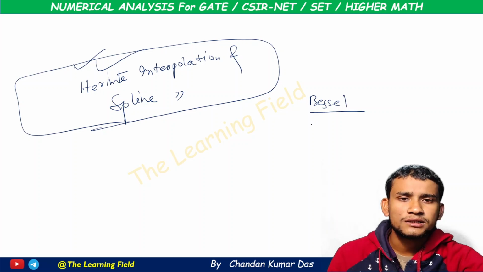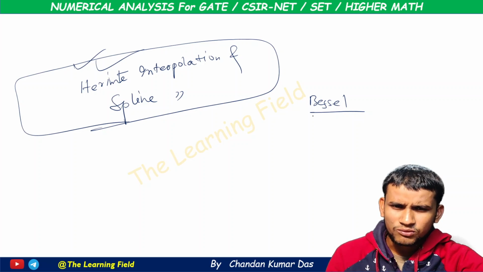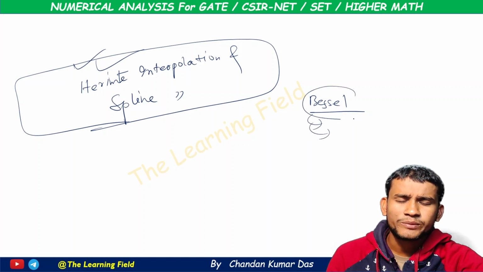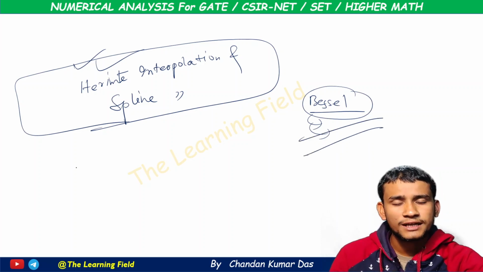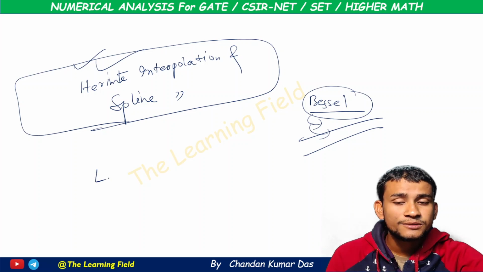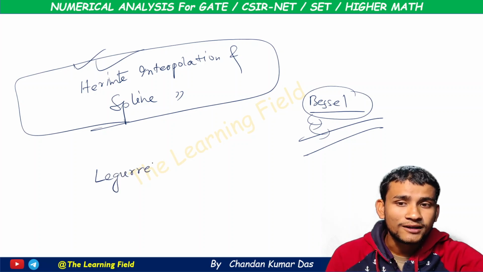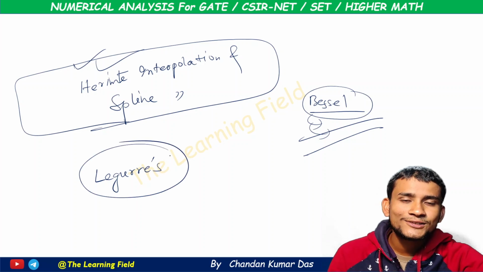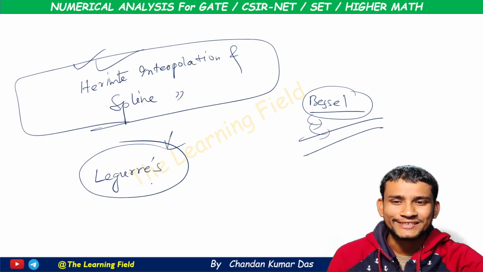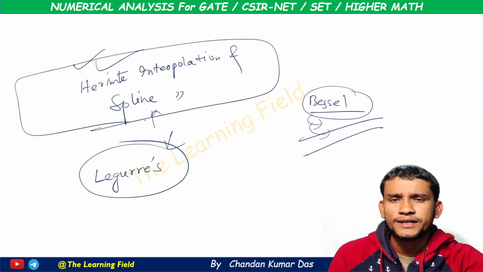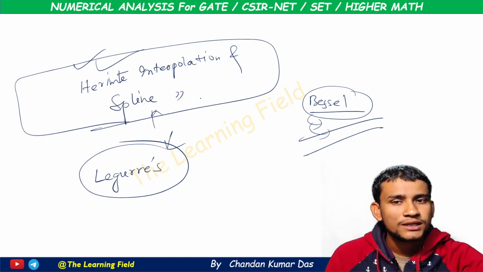There was a question in GATE 2020 based on Legendre polynomial, but Legendre polynomial is not mentioned in the syllabus. So it happened in the GATE exam. Based on this the questions come. These interpolations are also very important in any other exam, so that's why we will read these two interpolations: one is Hermite interpolation and the second is spline interpolation.